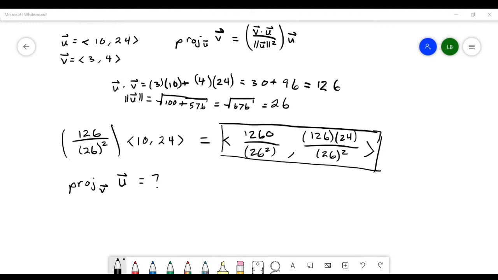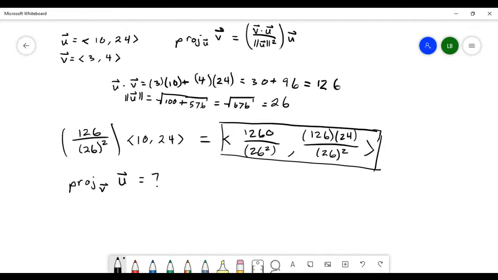378 over 25, comma 504 over 25. Yes, I believe that's correct. And just in case anyone hasn't gotten it, we'll go ahead and work that out really quick. We've already found the dot product, it was 126. So all we really need to find is the magnitude of vector v. Since it's a 3, 4, 5 triangle, we know that it's 5.